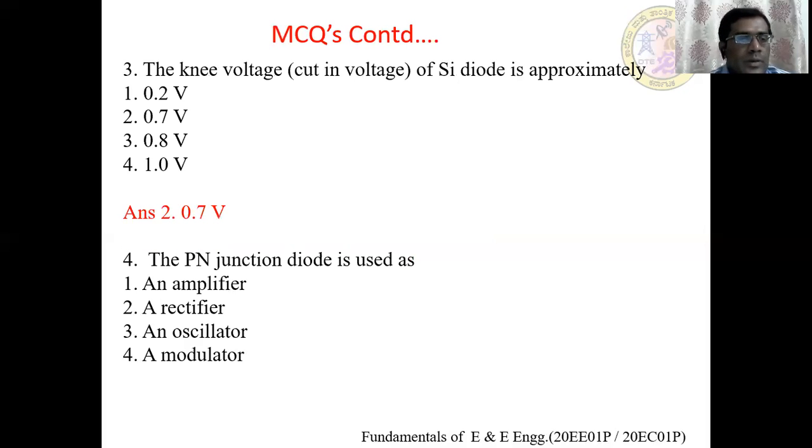Question number 4: the PN junction diode is used as an amplifier, a rectifier, an oscillator, or a modulator. This is an application of a PN junction diode. The PN junction diode is used as a rectifier, so option 2 is the answer.